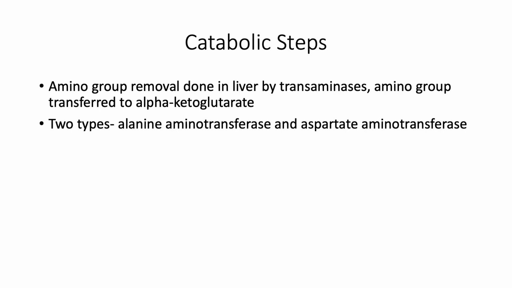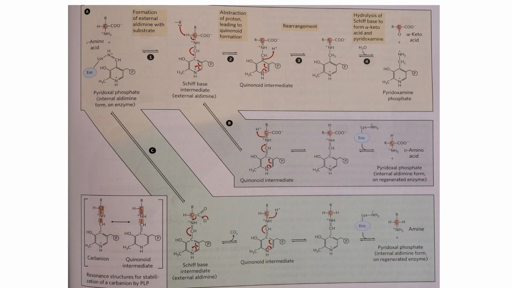There are catabolic steps. The amino group removal is done in the liver by transaminases. There are two broad ones in the liver, and the amino group is transferred to alpha ketoglutarate. The two types of transaminases are alanine aminotransferase and aspartate aminotransferase.